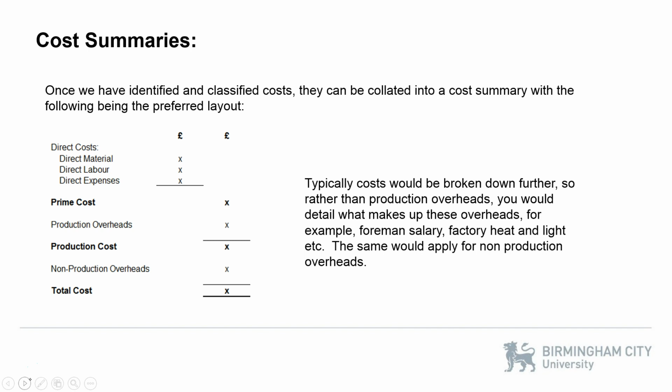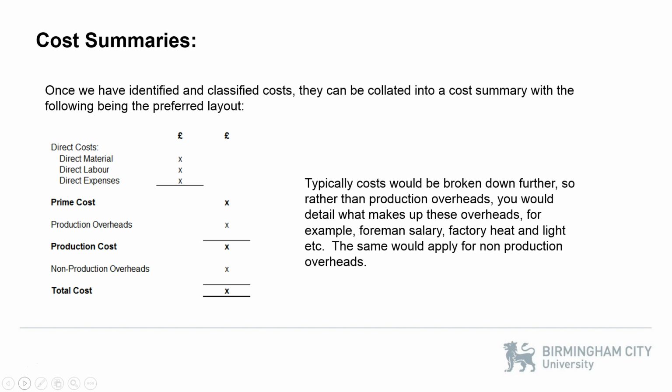So under the production overheads, we would have things like factory rent, or the foreman's salary, or the factory heat and light. So everything to do with production generally takes place within the factory. When we've added those costs, or overheads as they can be referred to, to our prime cost, we have what is known as the production cost.